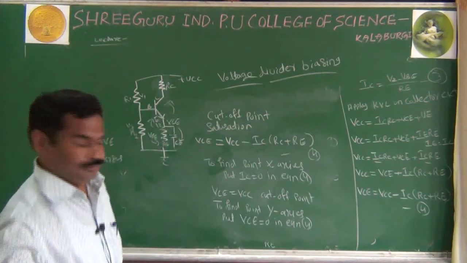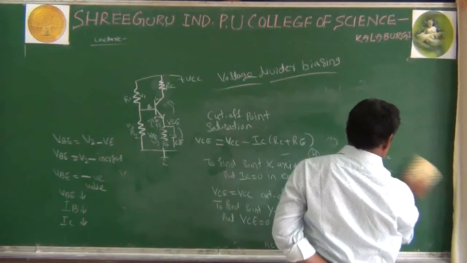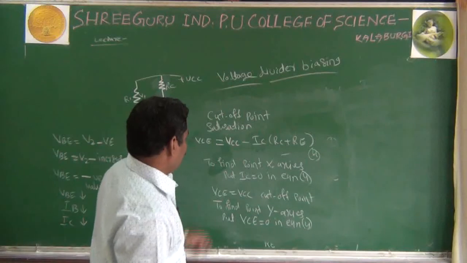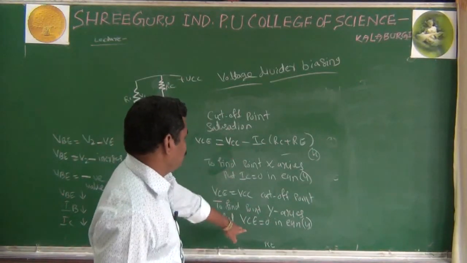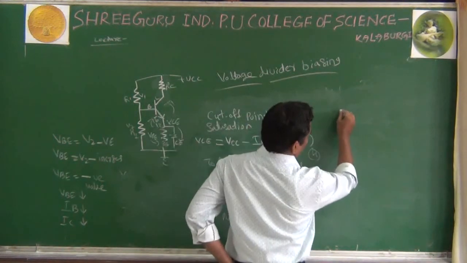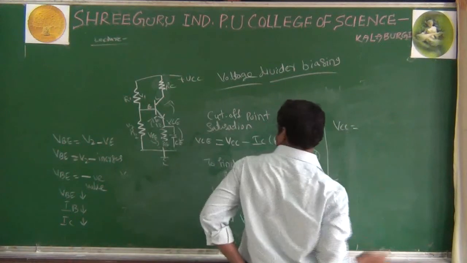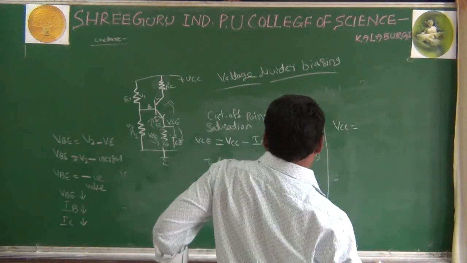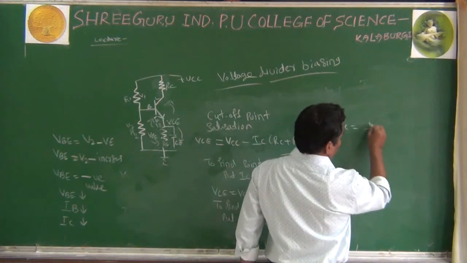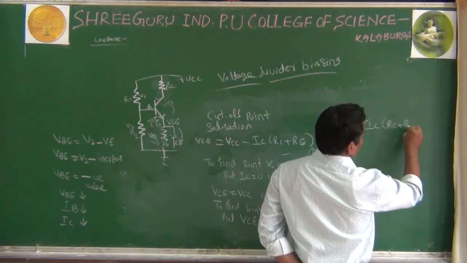Substituting VCE equal to 0, then VCC equals IC times (RC plus RE).